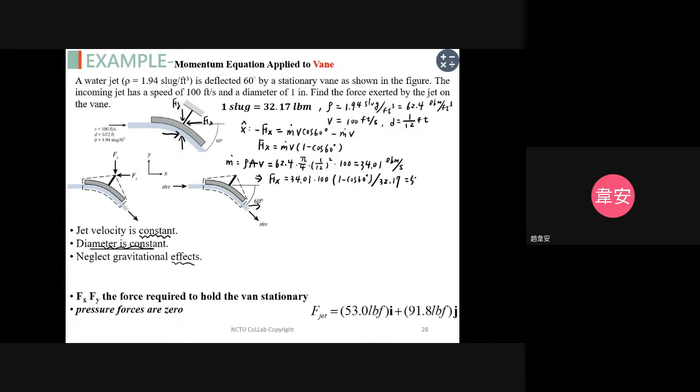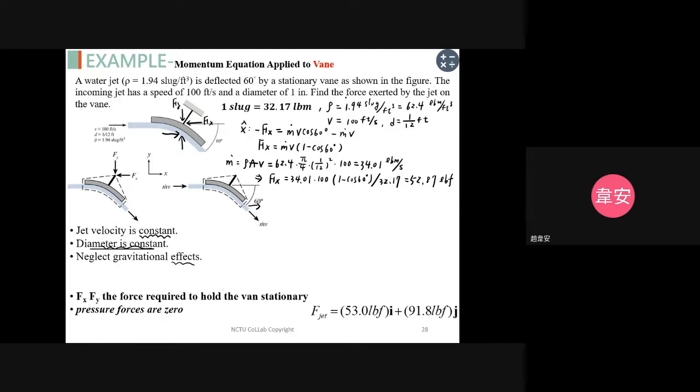So finally, the force is equal to 52.87 pound force. This is the Fx force, and what's the question?